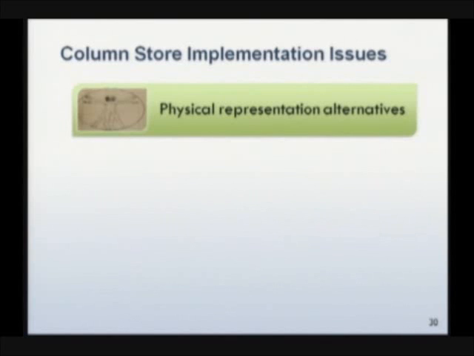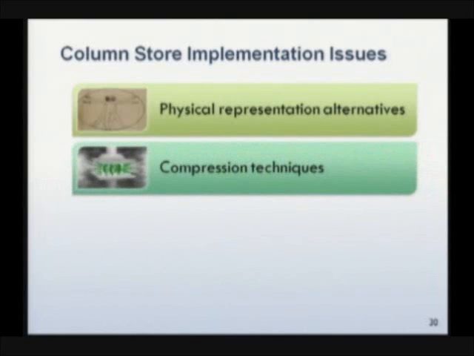So I'm going to talk about the following issues in my remaining 25 minutes. I'm going to talk about representation alternatives for column stores. I'll talk a little bit about compression techniques. And there is an entire field of papers that describe even more aggressive techniques.